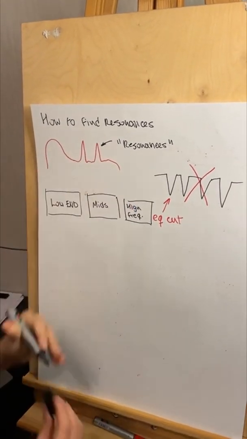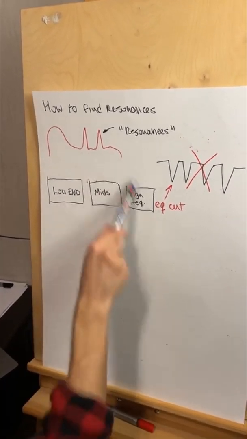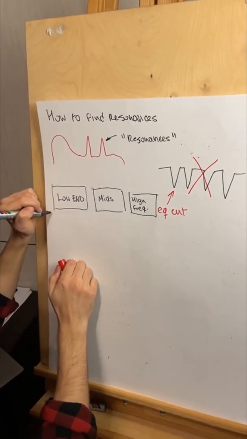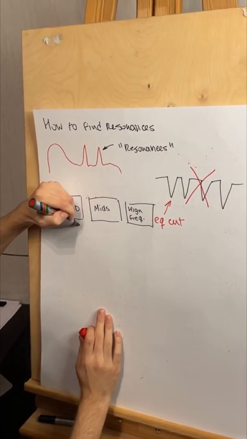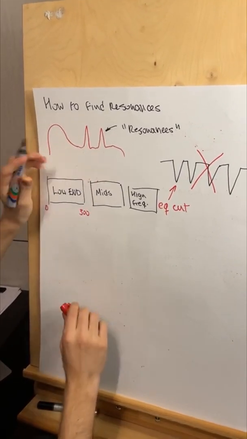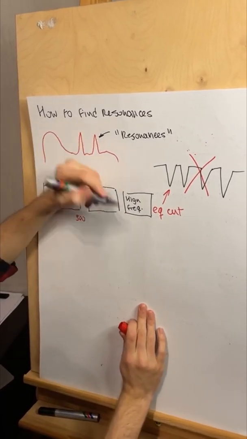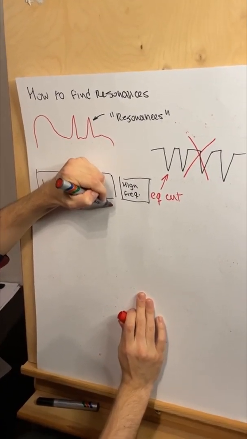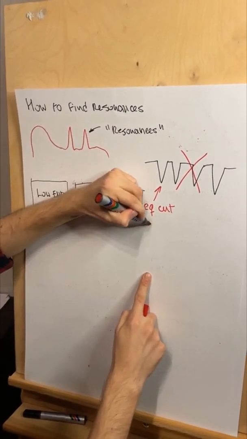So when you learn those fundamental bands, the low end could be from 0 to around 300, and it will depend. The mids are roughly up to 3K, and from 3K to 20K.